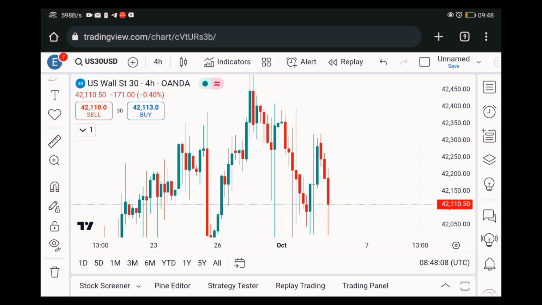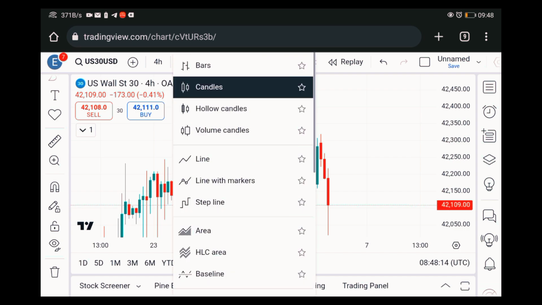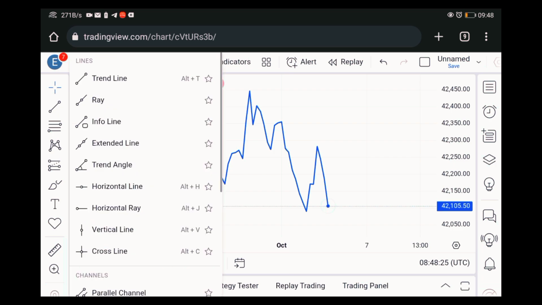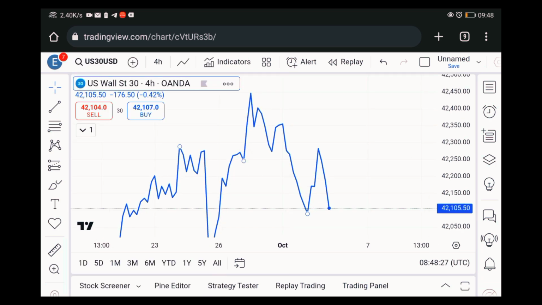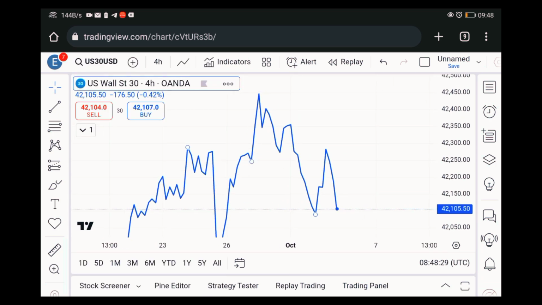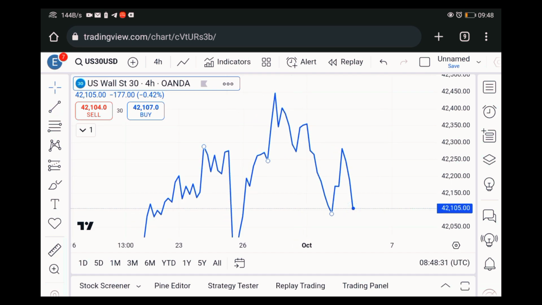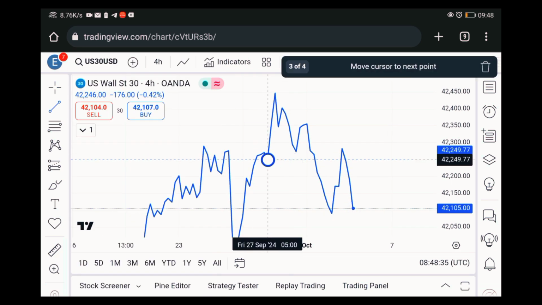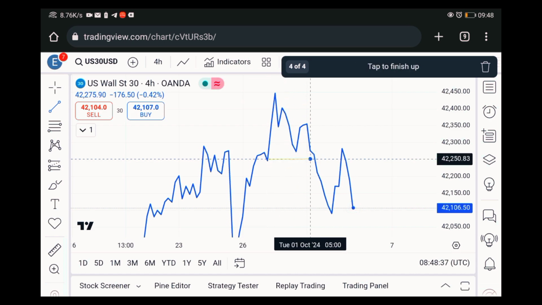Now I'm on my H4. I started this with H4, where I first turned my chart to a line chart. After I turned the chart to a line chart, I noticed there was a break of structure right here on my H4.